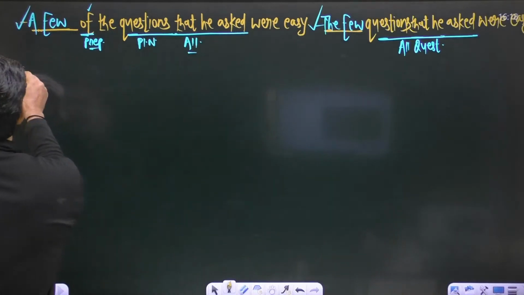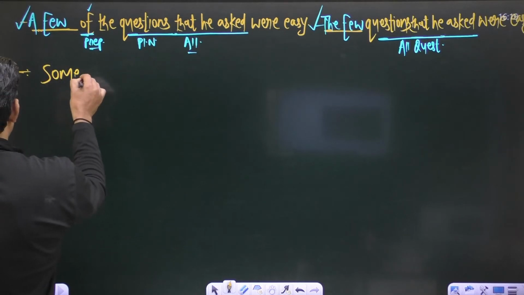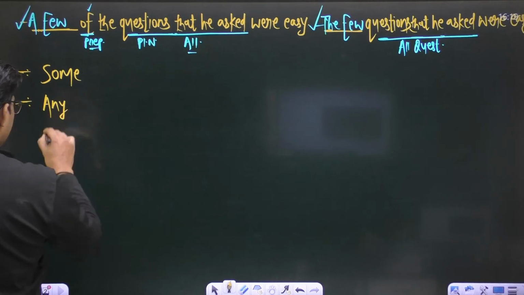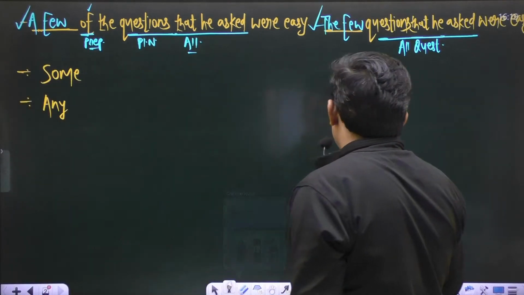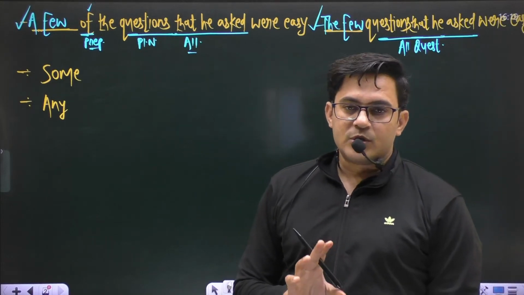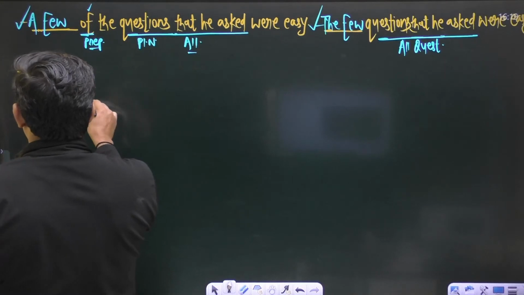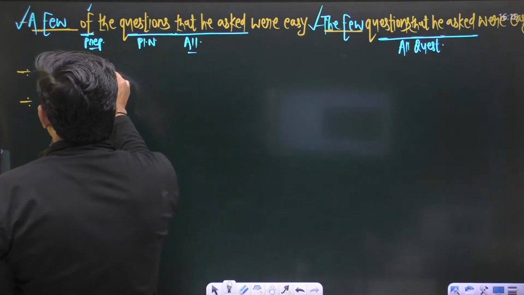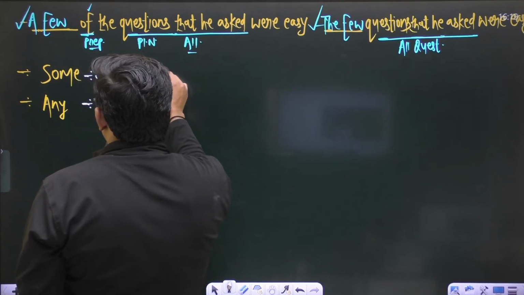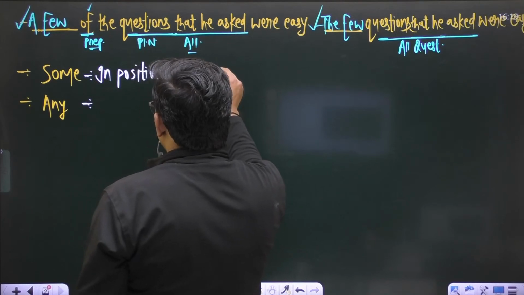Now we shall cover some of the determiners like "some" and "any". Both these words are also determiners, and the basic application is that "some" is used in positive sentences. All the positive sentences require "some".